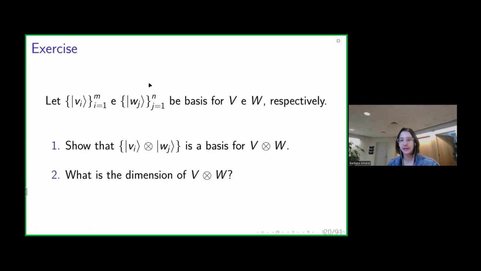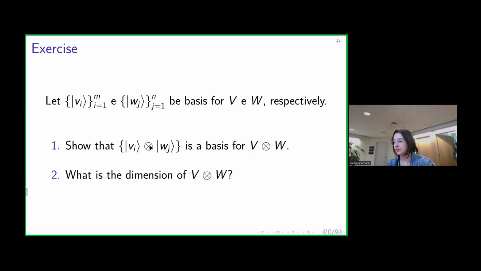With these linearity constraints, it's not difficult to show that if we take a basis for V and a basis for W, the set that we generate by taking the tensor product of each element of this set with each element of this set is going to be a basis for the tensor product of V and W. Okay?